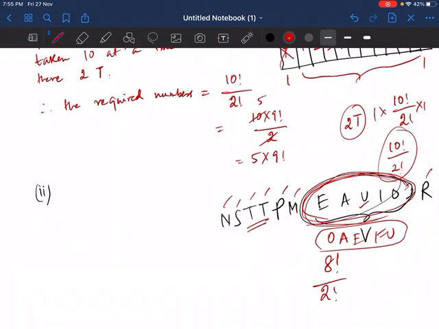So how many ways can we arrange E, A, U, I, O? There are 5 vowels, and we can arrange the vowels in 5 factorial ways. So basically this will be my answer. So that is 8 factorial divided by 2 factorial into 5 factorial.